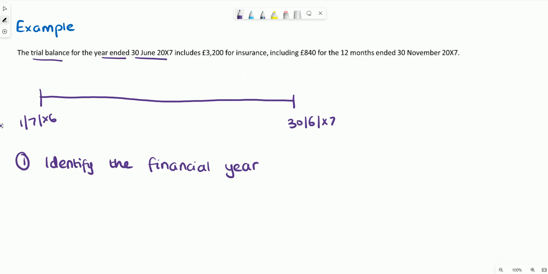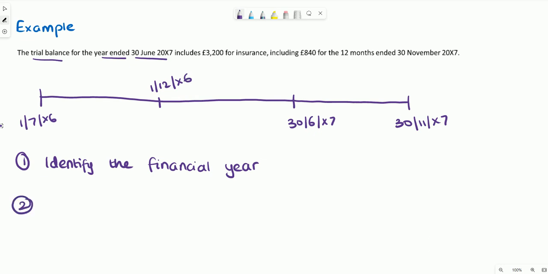Looks like I've made a payment for 12 months. So let's have a look. 30th of November x7 will fall here, which is after my financial year. And 12 months payment, so 12 months before 30th of November, that will bring me around 1st of December x6.